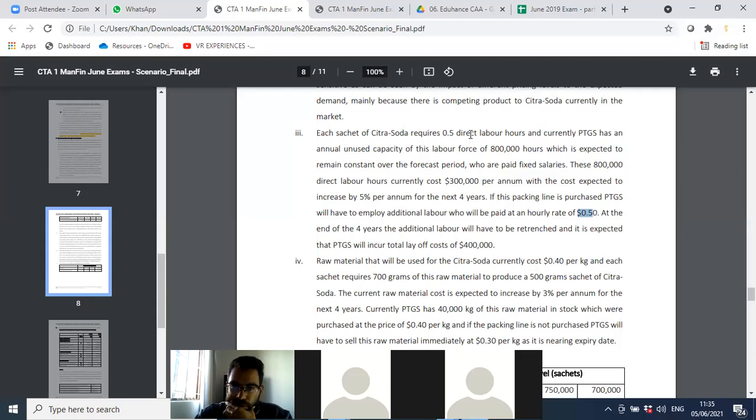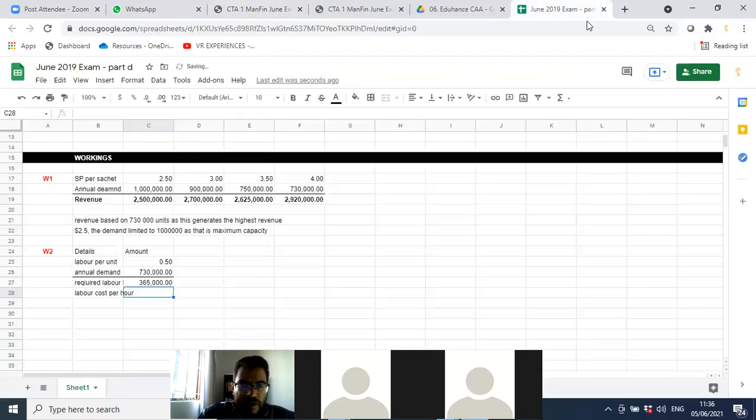Okay, we're happy with that. They're saying if this packing line is purchased, we'll have to employ additional labor who will be paid at an hourly rate of $0.5. So that will give us our labor.